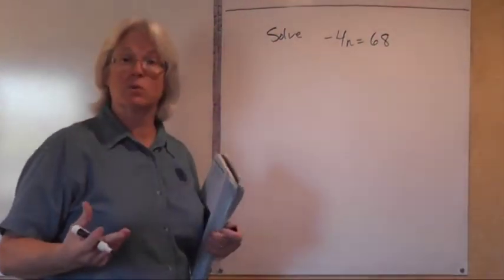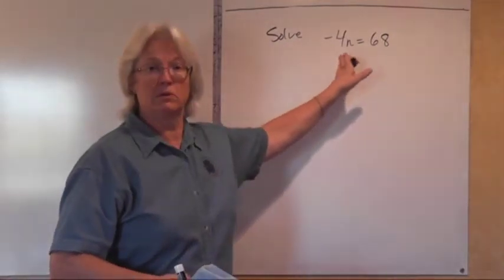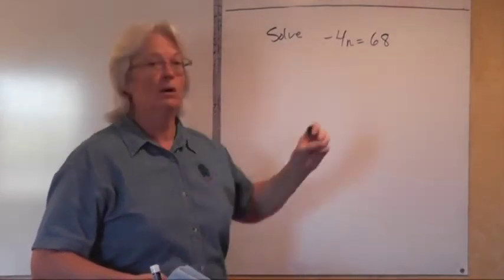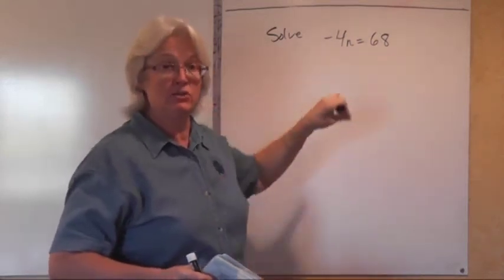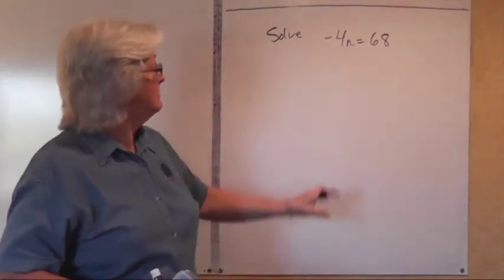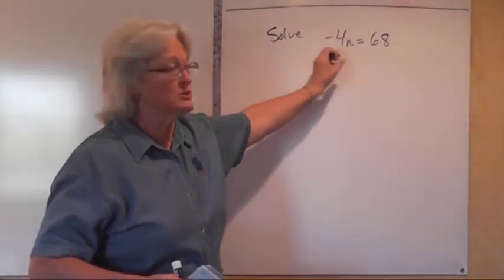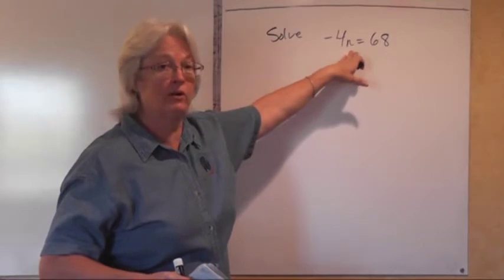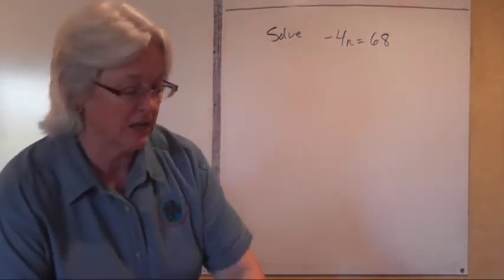How do you solve these equations? What you're trying to do, I don't care that negative 4n is equal to 68. What I want to find is, what is the value of 1n just simply by itself? So we're looking for the idea of inverse operations. We say, what's been done to the variable? Well, here, it's been multiplied by a negative 4.